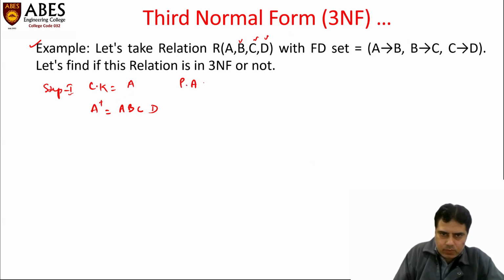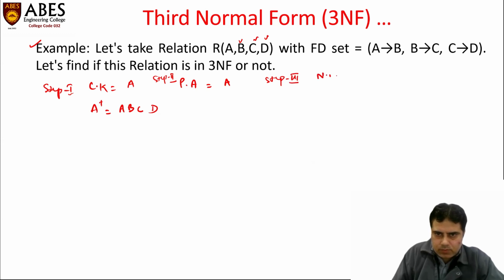Step 2 is to find the prime attributes: the prime attribute is A. Step 3 is the non-prime attributes, which are B, C, and D.